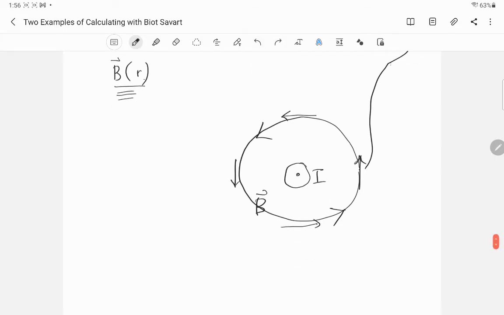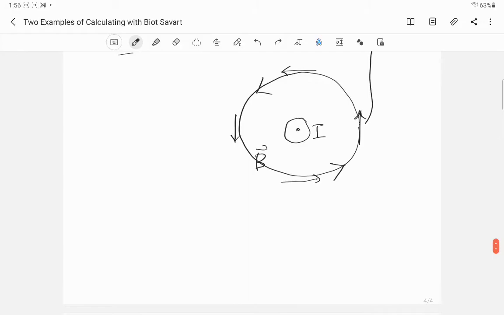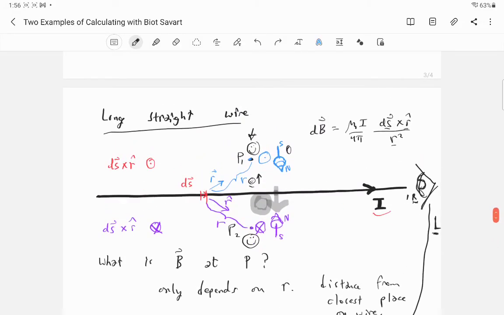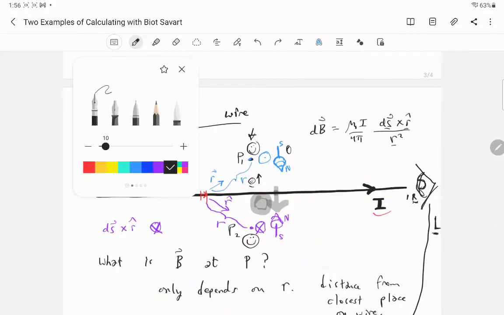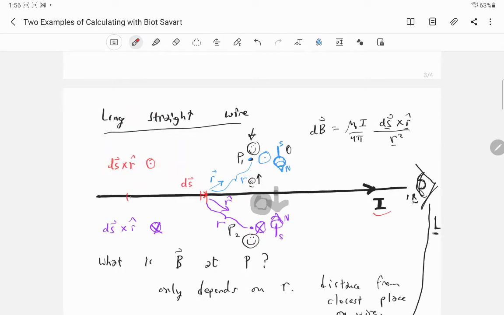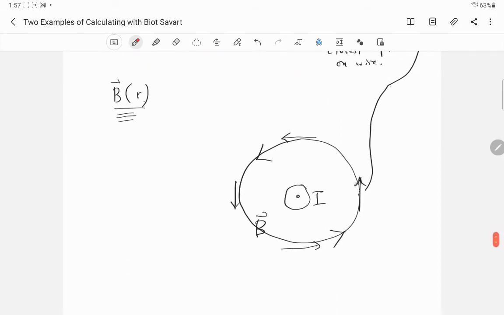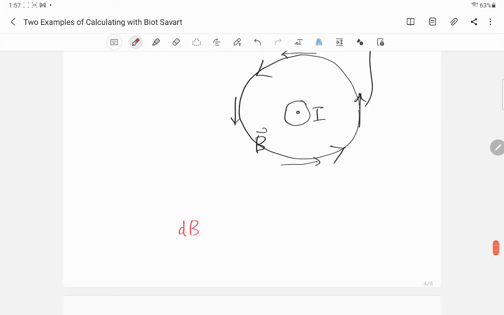Okay, so anyways, what you go and do is the following. You find representative ds's and you make sure that you understand how ds cross r hat is going to work. And then you write down the Biot-Savart infinitesimal rule. Then you integrate over all of the current.